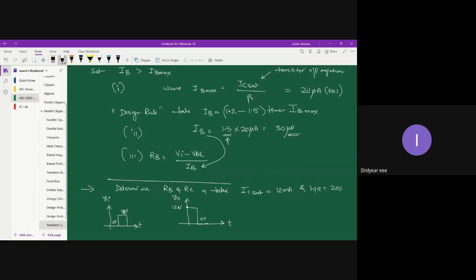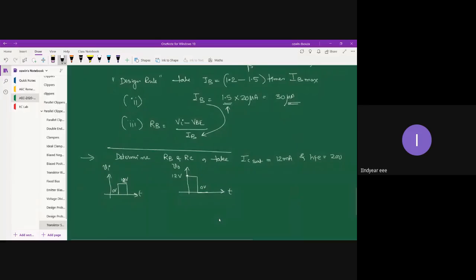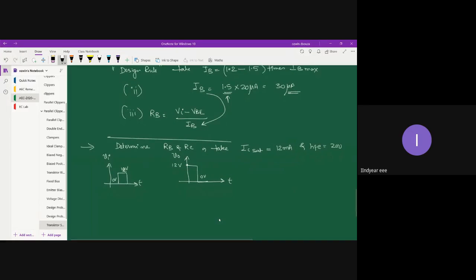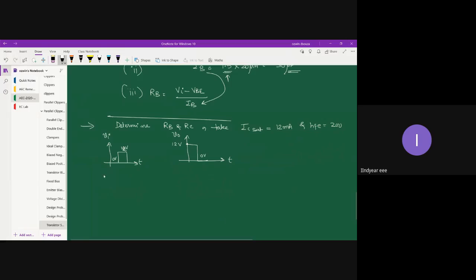Input and output, so you need to design the transistor switching. I hope you understood the question. For the given set of specifications, you need to find the values of RB and RC. So input signal status is given, output signal status is given, along with the saturation current of the transistor, and HFE is given. This HFE is nothing but beta.